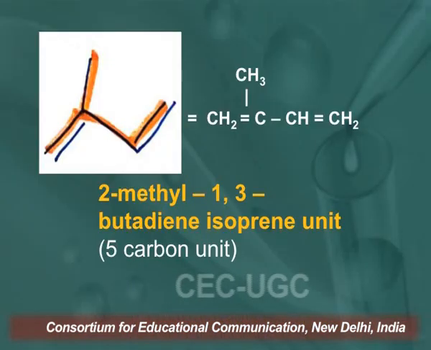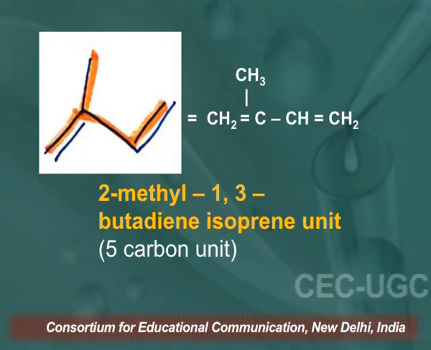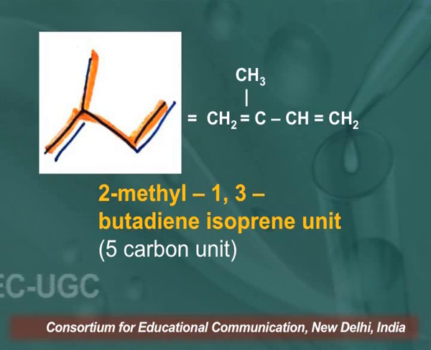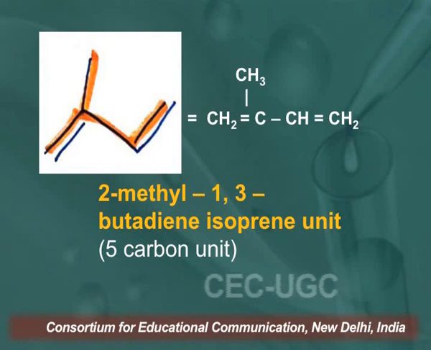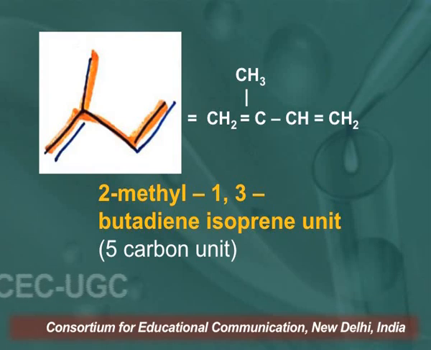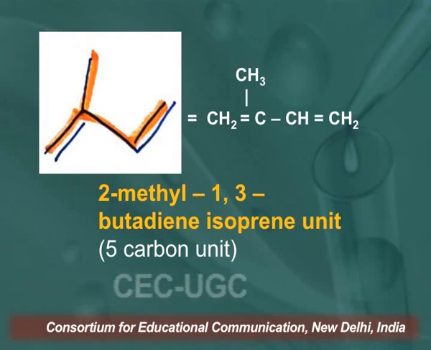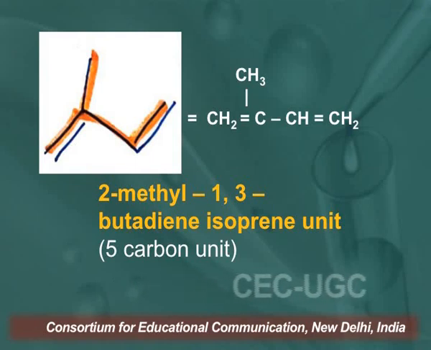On your screen you can see CH2 double bond C having a CH3 group, then CH double bond CH2. So it is 2-methyl-1,3-butadiene. This 2-methyl-1,3-butadiene is called the isoprene unit, and this isoprene unit has 5 carbons.